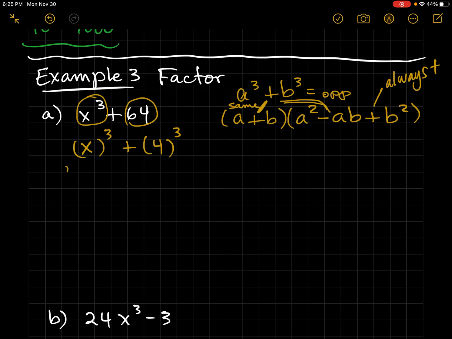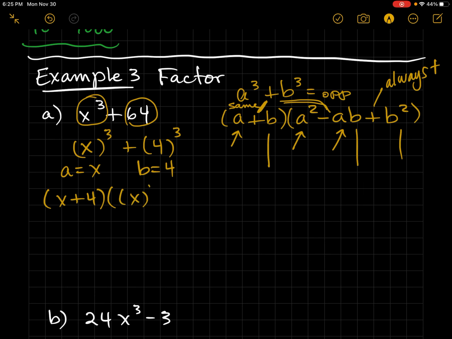Okay, same, opposite. So we want to start getting used to that formula. So now for this problem, A is going to be our x and B is going to be 4. So now we're going to plug x in for all the A's, and we're going to plug in 4 for all the B's. So what that gives us is x plus 4, and now x squared minus x times 4.